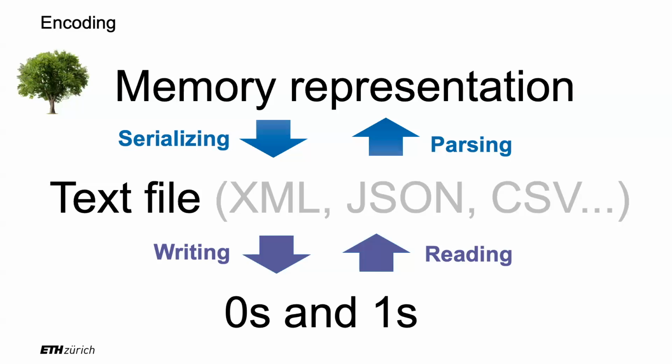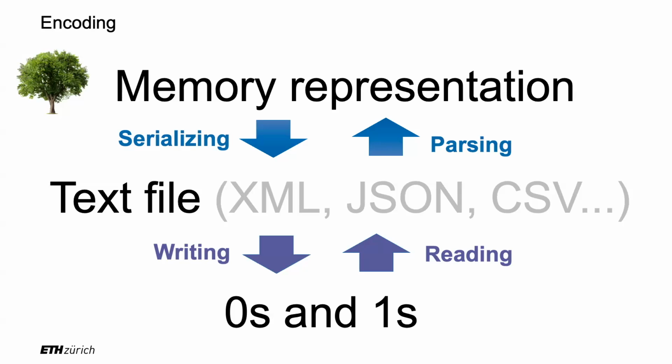And that needs to be parsed from a text file. We call it parsing, right? Parsing means you have a text file like CSV and you parse it and you get a table in your memory. That's exactly what happens when you open a CSV file with Excel and it appears as a table on your screen. You've parsed the CSV file into a table in your memory and then shown on your screen.